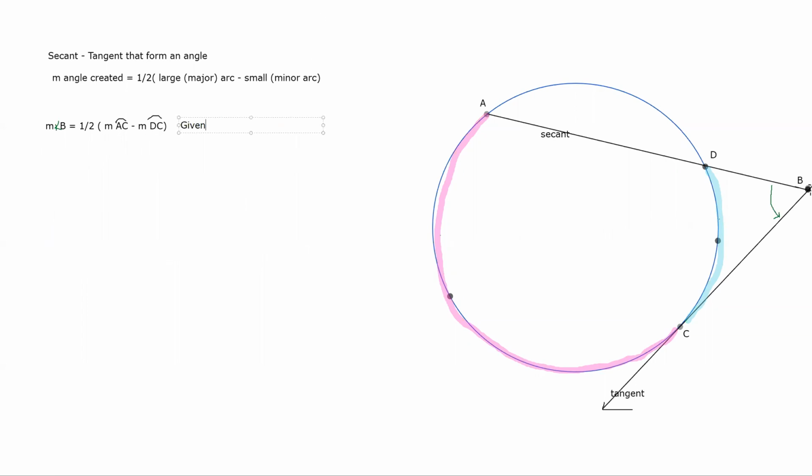We're given AC equals 120, DC equals 80. We're given that. Find the measure of angle B.